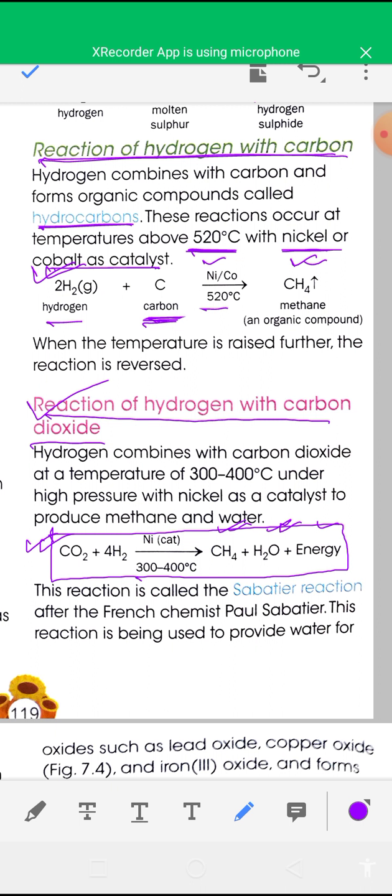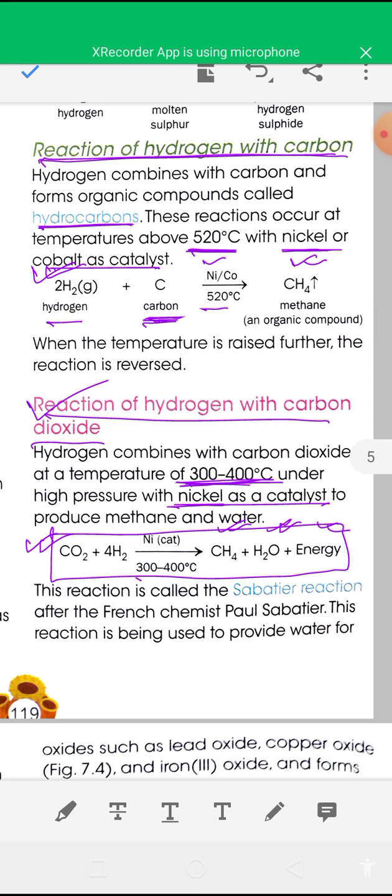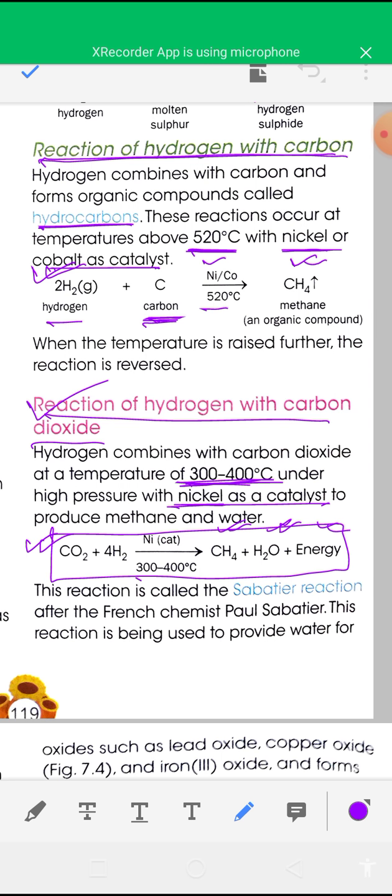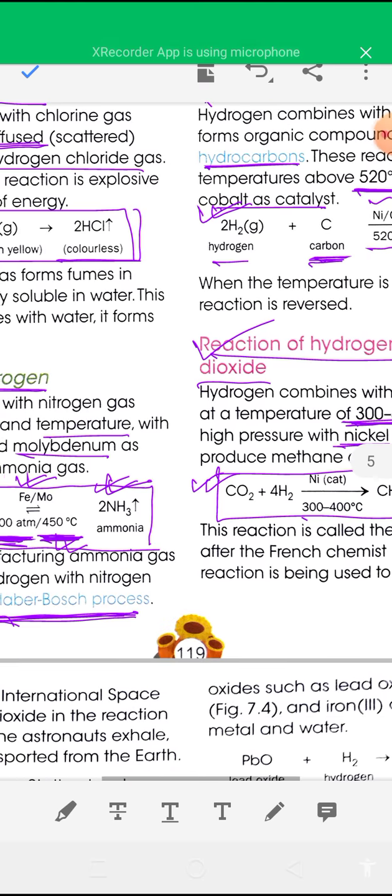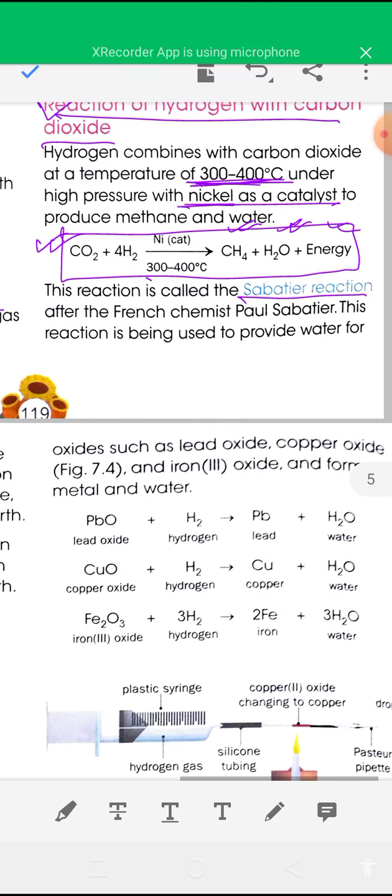Hydrogen combines with carbon dioxide at a temperature of 300 to 400 degrees Celsius under high pressure with nickel as catalyst, and the products are methane and water vapor. This reaction is known as the Sabatier reaction, the reaction between carbon dioxide and hydrogen to give methane and water vapor.